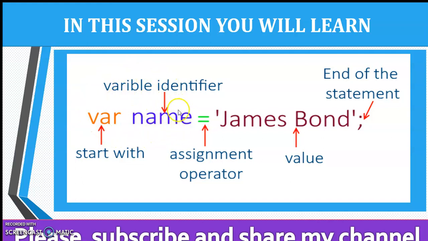This name is called an identifier, and you can put any type of name inside it. When you assign with equals and give the value, here I have given a string message, so this is called a string value. So you have assigned the value for this identifier, James Bond.